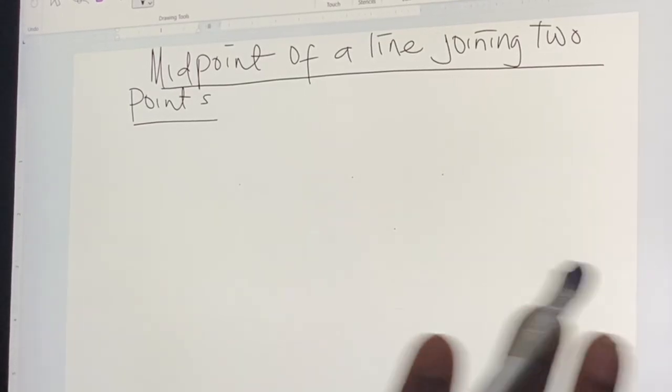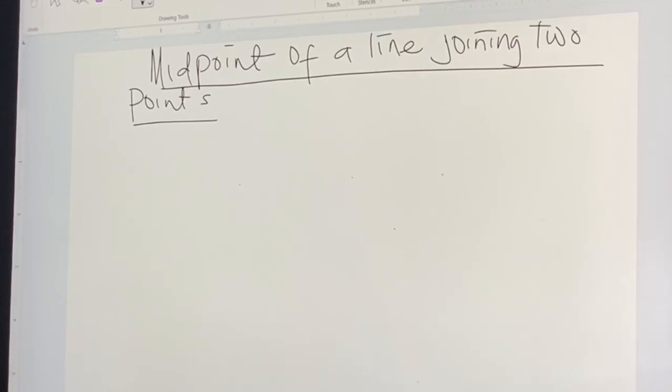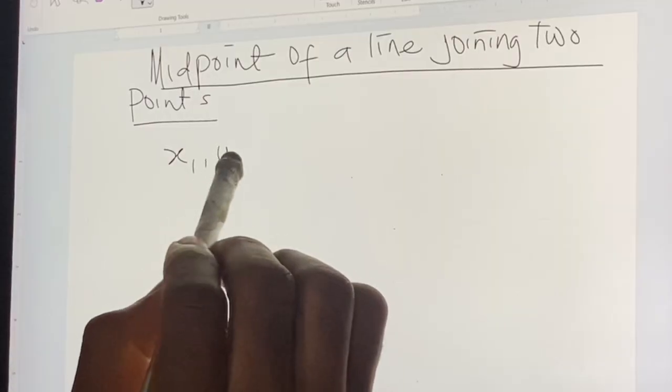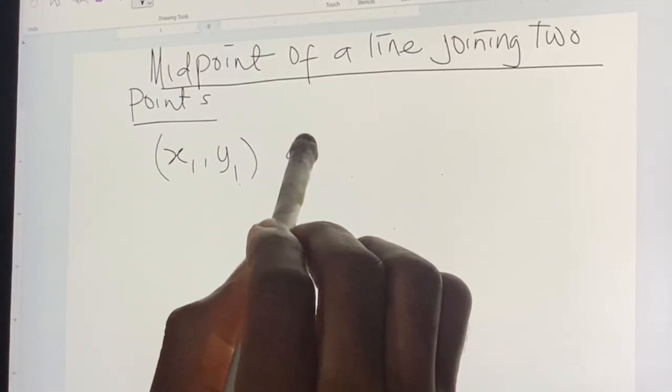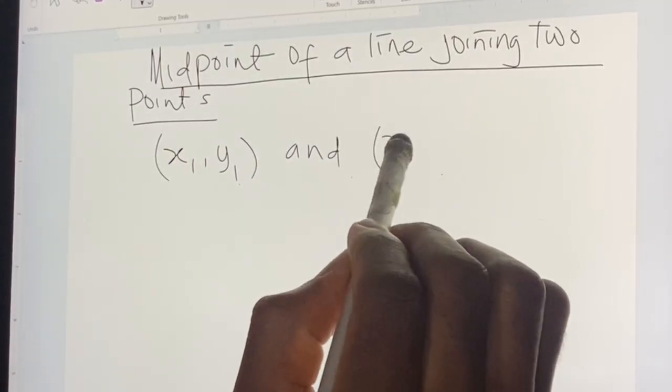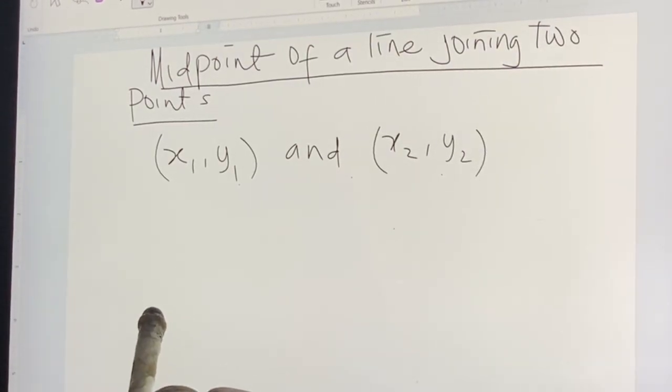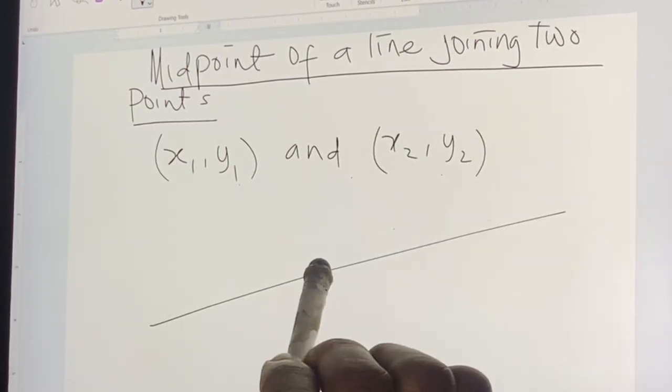If we have a line joining 2 coordinates, x1, y1, and x2, y2, this is a line, and this is a point.